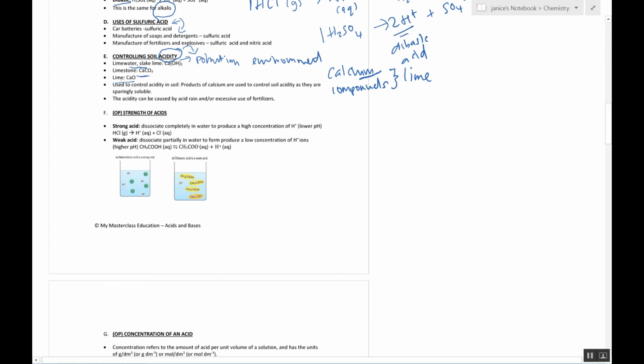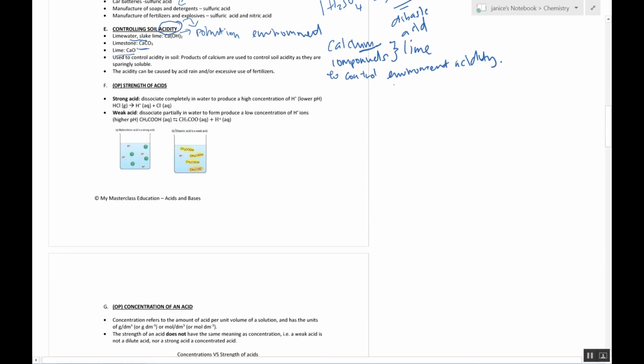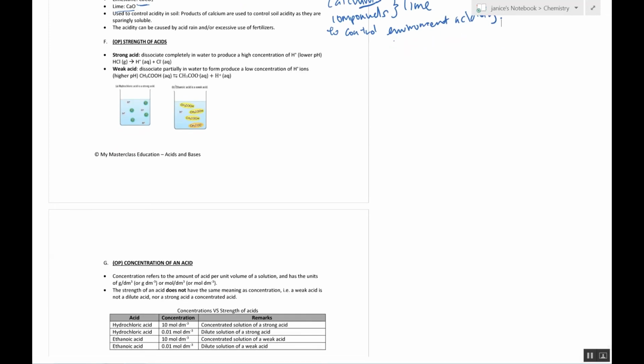Repeat, we can only use calcium compounds to control environment acidity. This part over here will be good for the O levels, pure science, and the IT level.